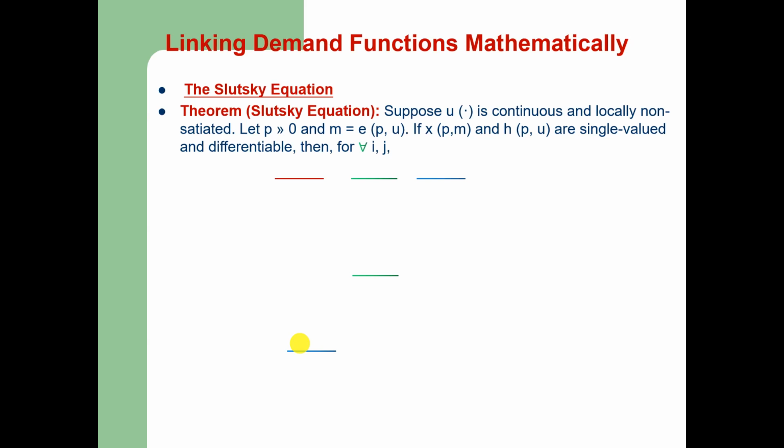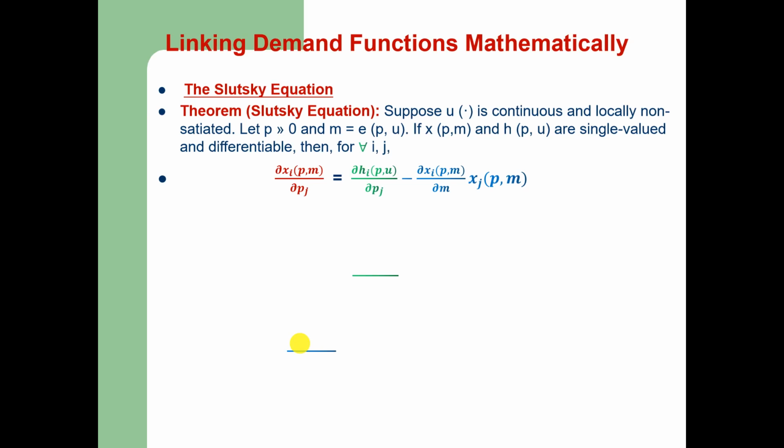If the Marshallian demand function and the Hicksian demand function are single valued and differentiable, then for all i and j, the Slutsky equation is given by this equation: the partial of xi, which is a function of prices and money income, with respect to pj is equal to the partial of the Hicksian demand function with respect to price j, minus the partial of xi with respect to income, times the amount of xj, which is a function of prices of goods and money income.